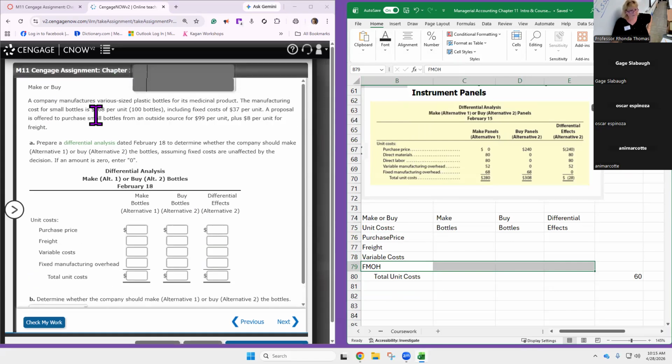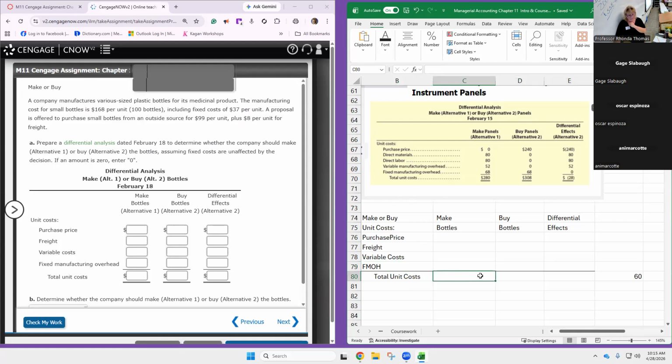So we manufacture various size plastic bottles for its medicinal product, okay? Medicine. The manufacturing cost for small bottles is $168 per unit. So that's the manufacturing cost, and it includes fixed cost of $37 per unit.